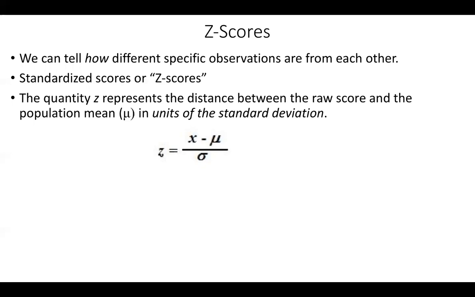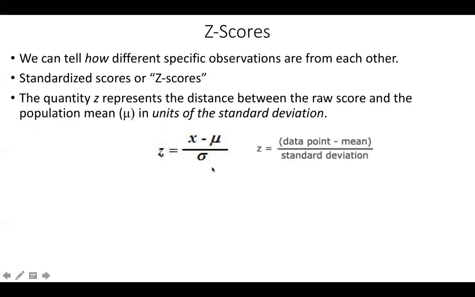And I believe in the homework, I call these raw scores or data points. Subtracted from that, we have the mean of our population, mu. And then in our denominator, we have our standard deviation of the population, sigma.